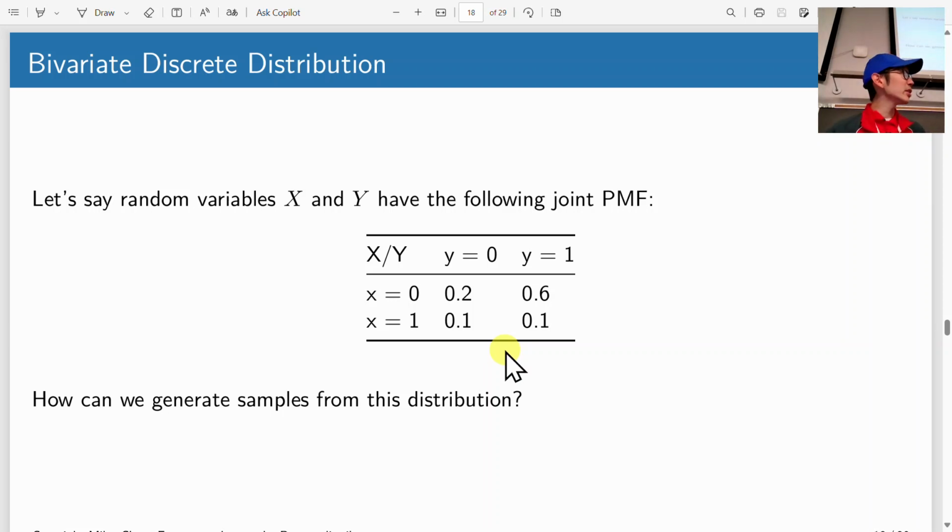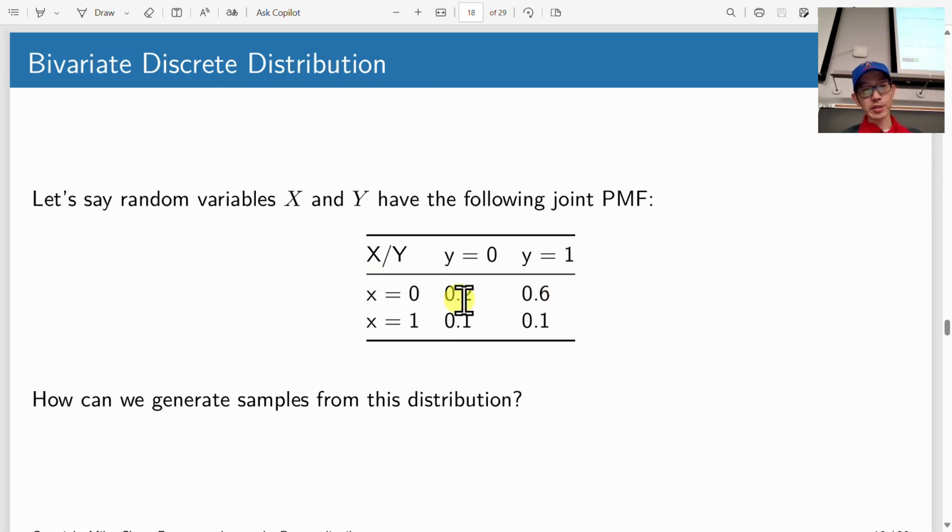But x and y are not independent. The joint distribution is not just a product. You can't just take x and y separately, because x being 0 and y being 1 is the most probable outcome, at 0.6.